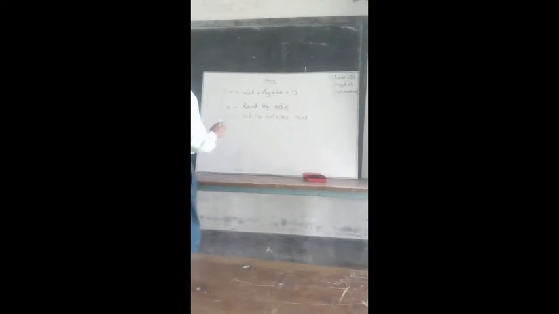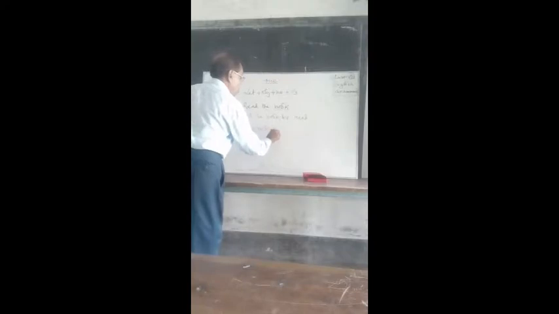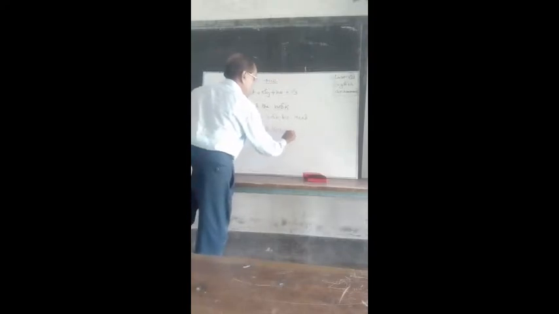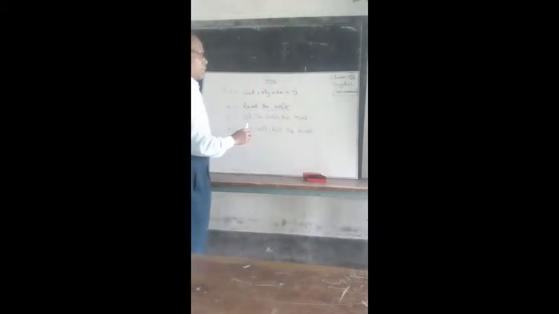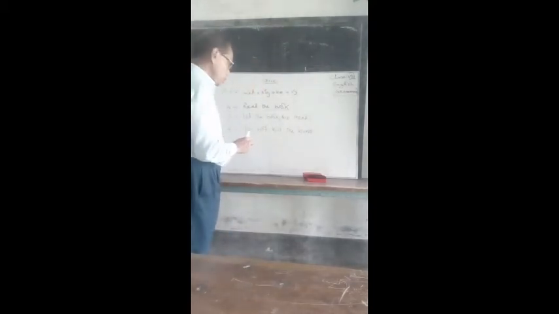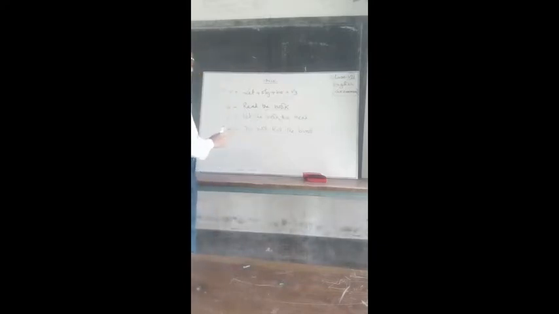Next, negative form of imperative sentence. Active: Do not kill the dog. This is a negative form of imperative sentence. How can we make it passive?